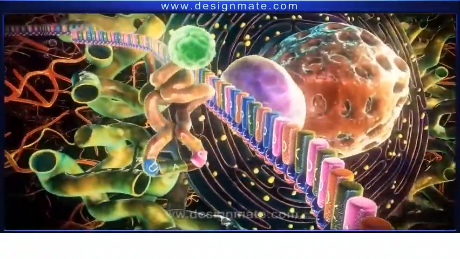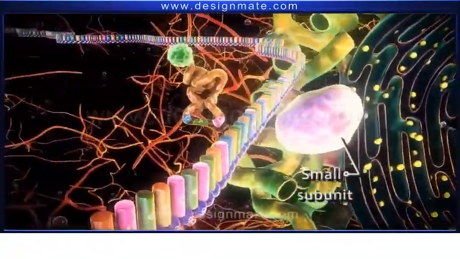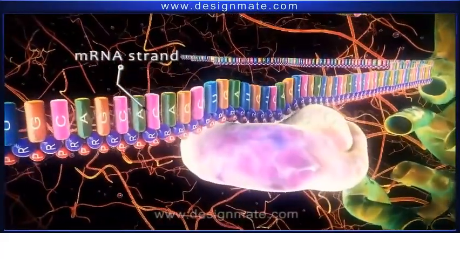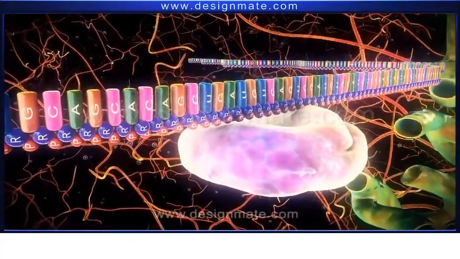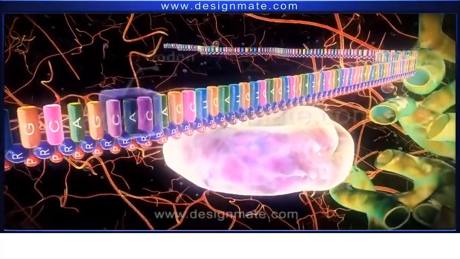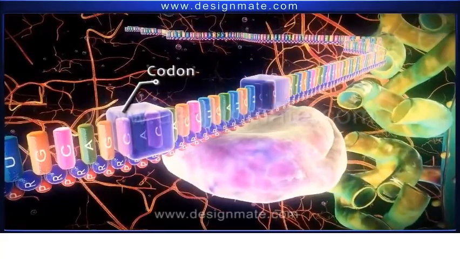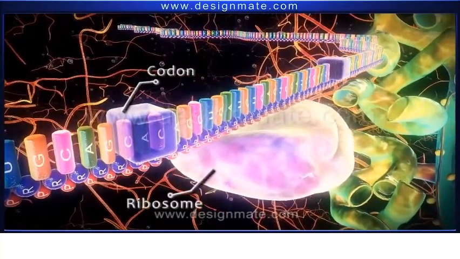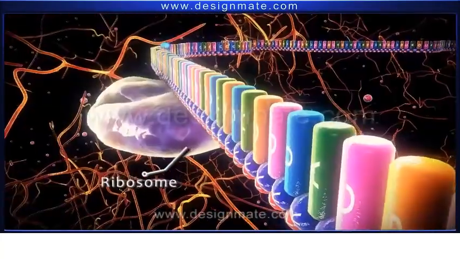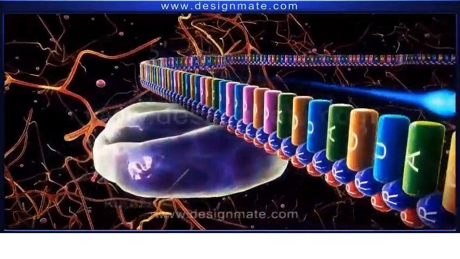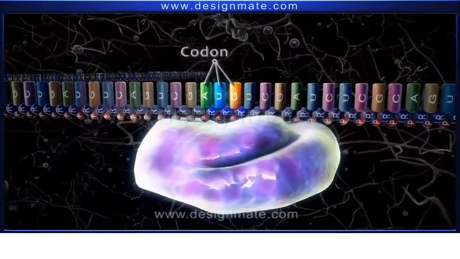During the initiation stage, a small subunit of the ribosome binds to the mRNA strand. The mRNA strand is made up of codons, which are sequences of 3 bases. Then the ribosome subunit moves along the mRNA in the 5' to 3' direction until it recognizes the AUG codon, or the initiation codon.